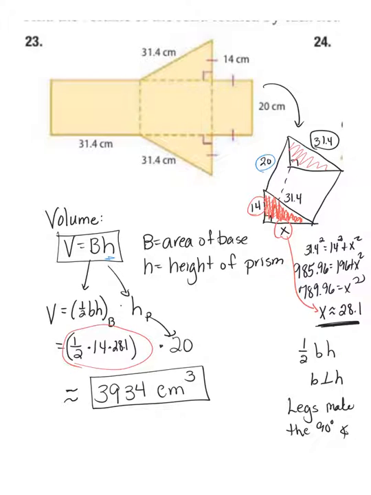Again, we had to glean from the drawing how we folded up to get the height. Remember, the height of the prism is always going to be the distance between the two bases. That's a perpendicular distance.